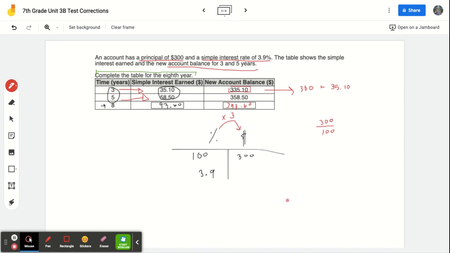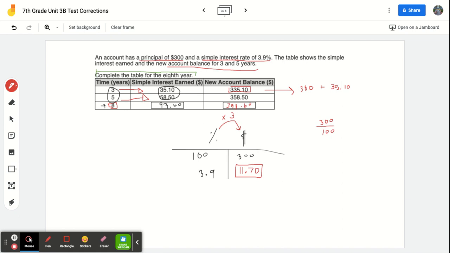And then to go from 3.9 to the other side over here, we're going to multiply 3.9 times 3, the constant. So 3.9 times 3 is 11.7. So this is how much money you earn every year. So each year your money is in the bank, you're going to earn $11.70 a year. So if you had it in there for 8 years, that's 11.70, 11.70, 11.70, 8 times.